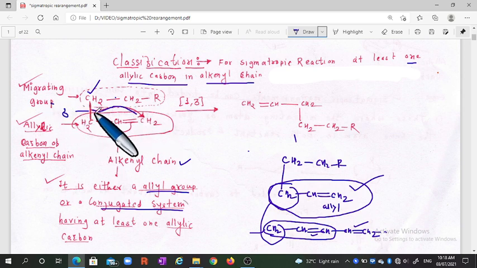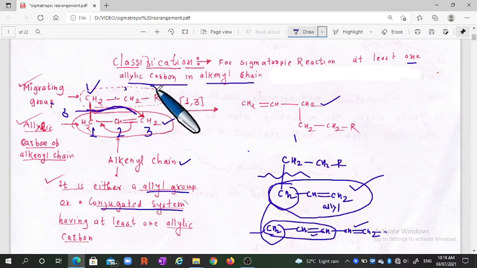This is a sigma bond, and from here bond breaking takes place, and that sigma bond will migrate to this CH2 carbon. After this migration, we will obtain this type of compound. In this case, the bond is breaking from this position, and from here we give the numbering 1, 2, and 3.